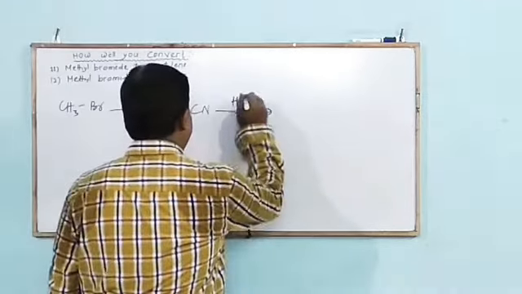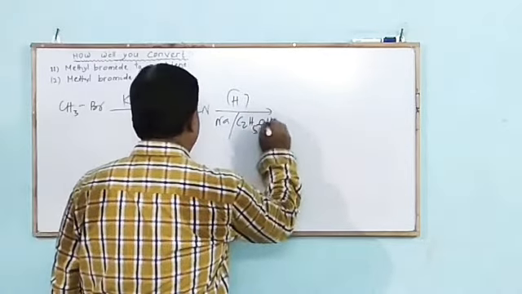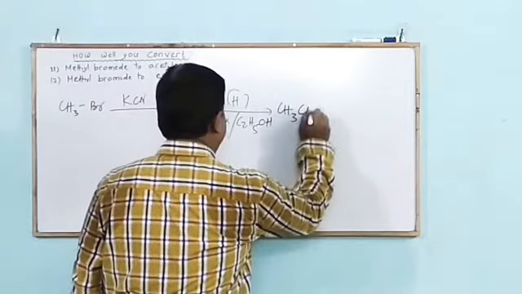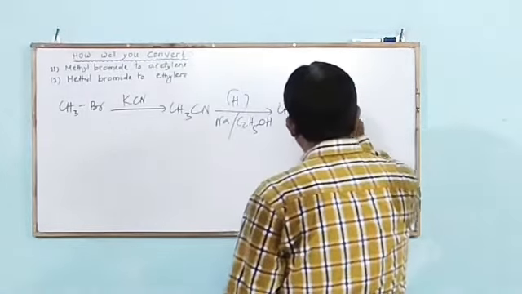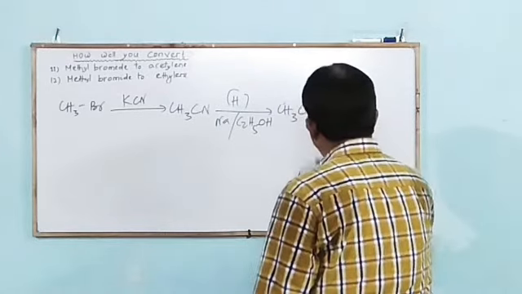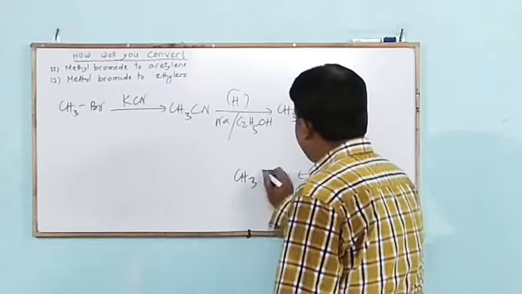Methyl cyanide undergoes reduction with sodium/ethyl alcohol to form ethylamine. Ethylamine reacts with nitrous acid to form ethyl alcohol.